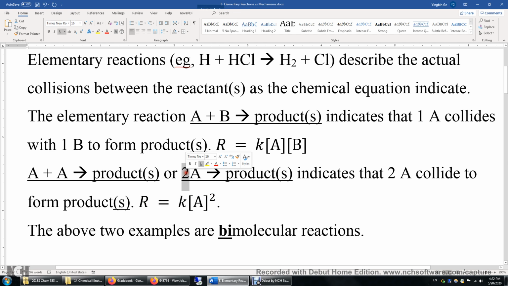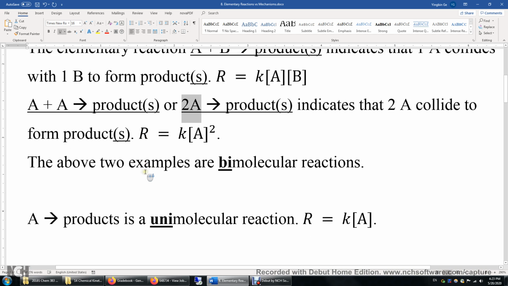This 2 is the coefficient in front of this A. So these two examples, A plus B and A plus A, or 2A, are bimolecular reactions. In these examples, we have two molecules colliding with each other. In this case, A collides with B. In this case, A collides with A. Those are bimolecular reactions.